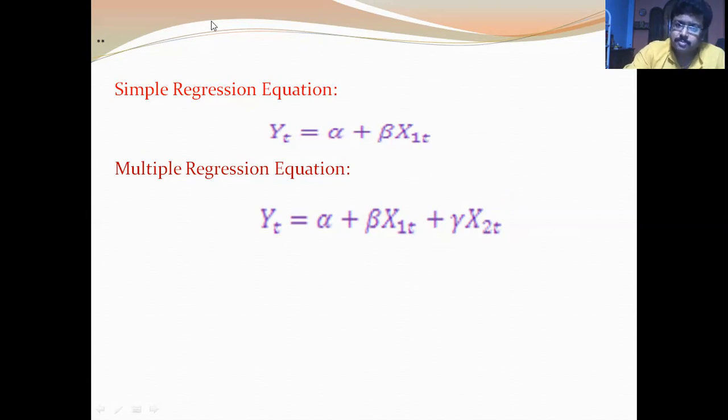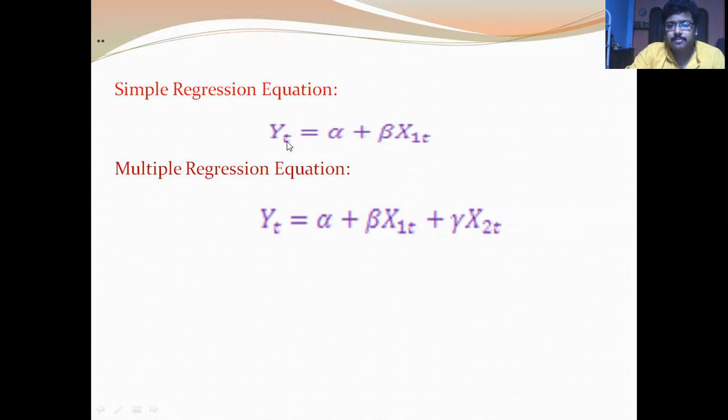So in my example, in this slide, you can find this is a simple regression equation, because yt is the dependent variable at time t.